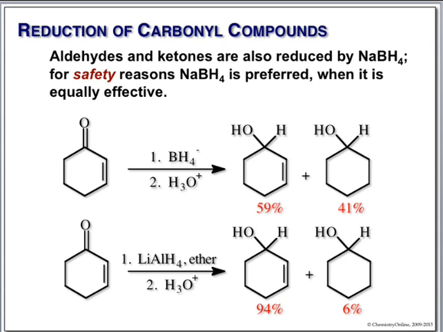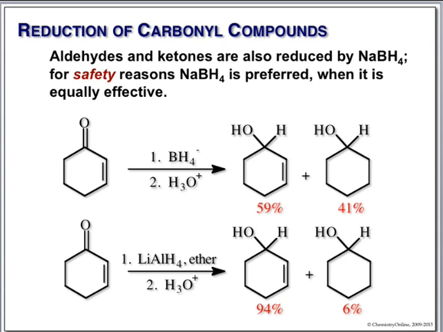The hydride will reduce the carbonyl in about 94% yield, and really, we don't get very much on our double bond. Sodium borohydride, however, is not nearly as selective, and we'll get maybe a 60-40 mixture of the desired product and this one where we have over-reduction and we lose our double bond.